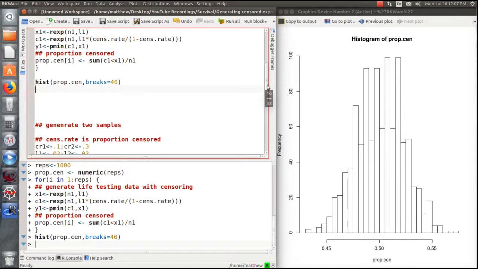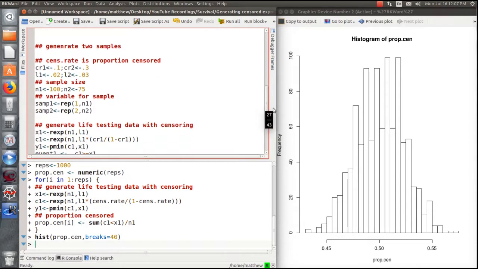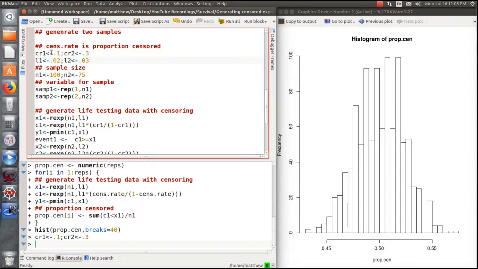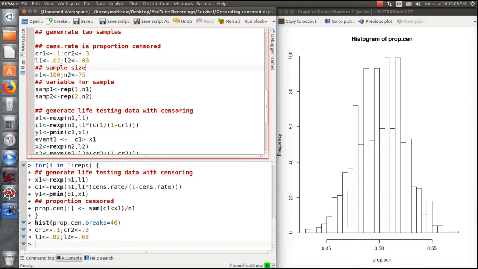Now let's generate this for 2 samples, and here CR1, that's the censor rate for population sample 1, is 10%, censor rate for population 2 is 30%. L1 and L2 are lambda parameters for the failure times of our 2 populations.